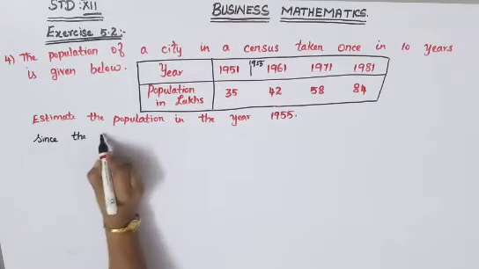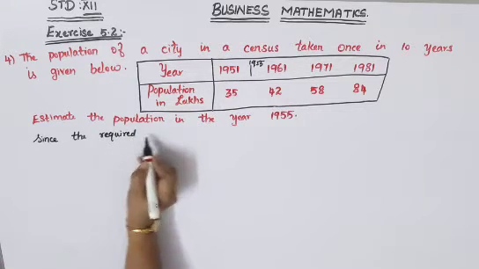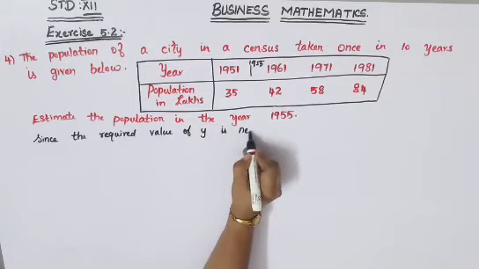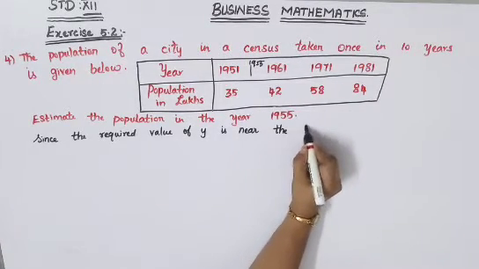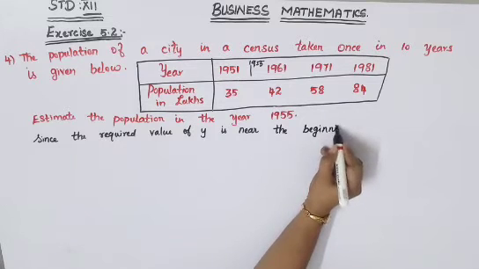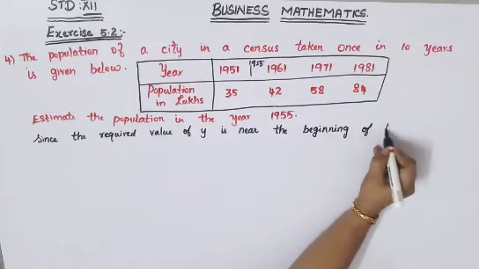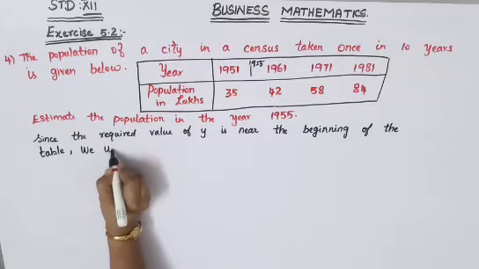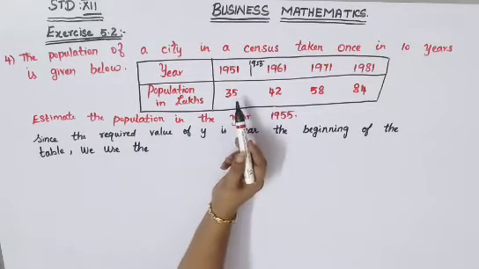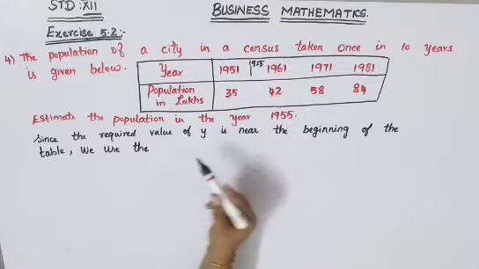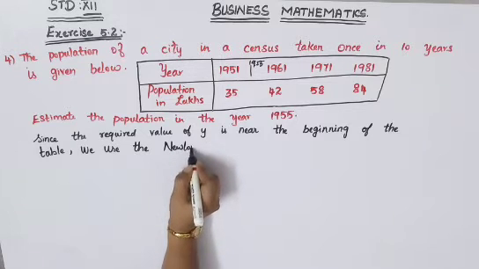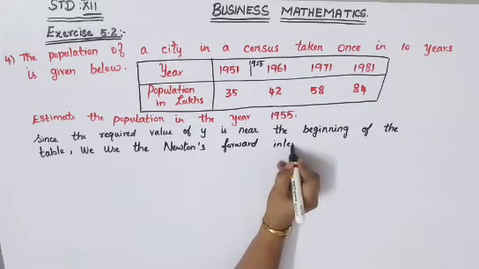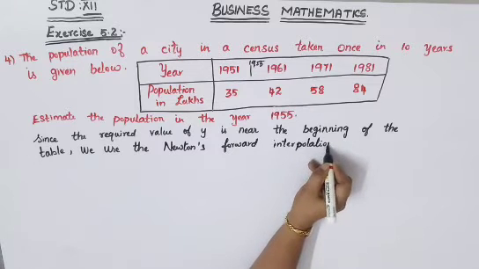Since the required value of y is near the beginning of the table, we can use Newton's forward interpolation formula, because it is in the first part, not in the backward part.